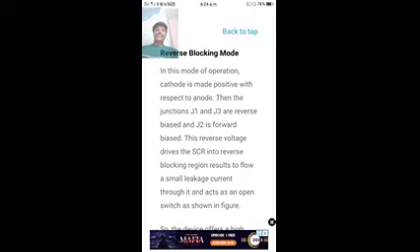Because we have two reverse biased junctions on either side of the SCR, the SCR is in the off state, that is, the blocking state. Because it is operated in the reverse direction, with cathode made positive with respect to anode, it is called reverse operation. Though forward bias is present at the middle, we have reverse bias on either side, so the device is in the off state.